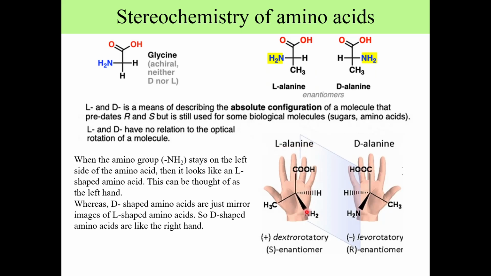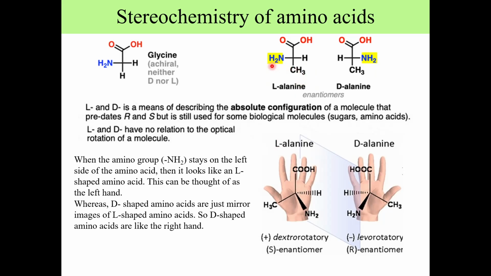In L-alanine, this amino group, if you look at your left hand, is pointing towards the inner side of your body. And this is the D form, where this NH2 group is pointing towards the other side. This is just how you write it.